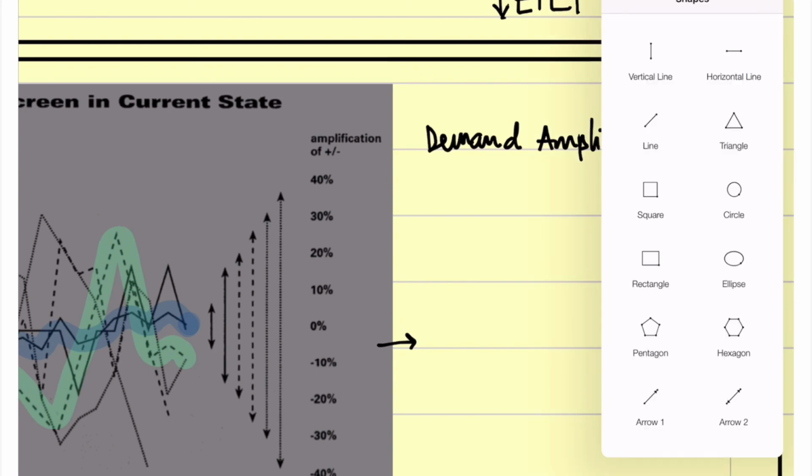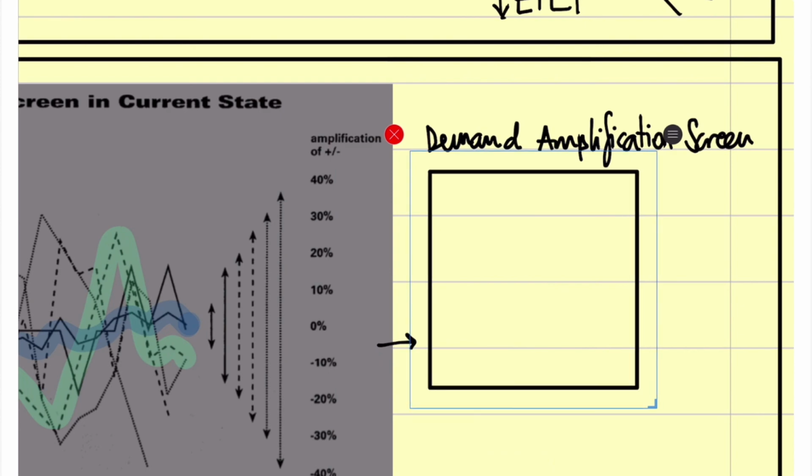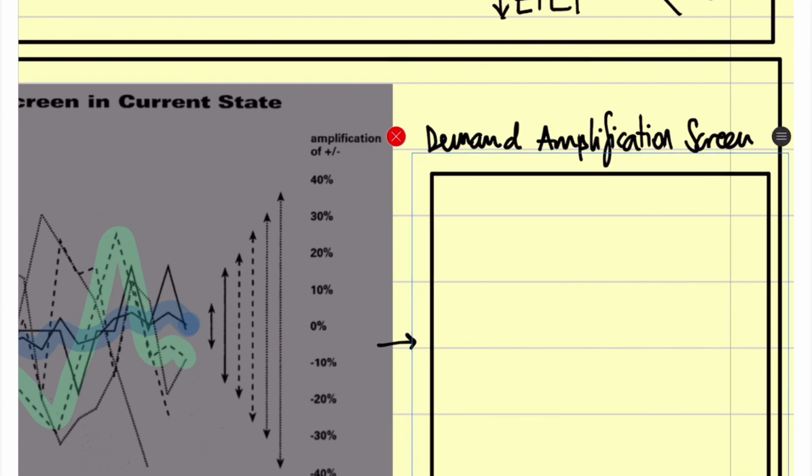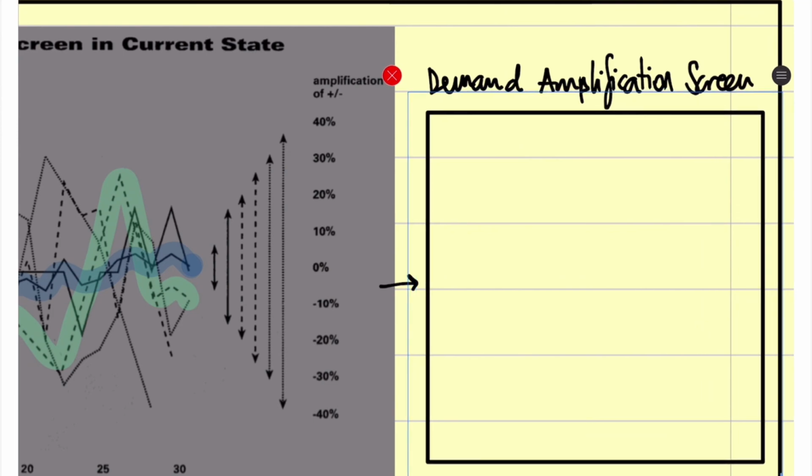Just as we had before, we paint a square. This kind of diagrams are very often used, at least in the American business world.